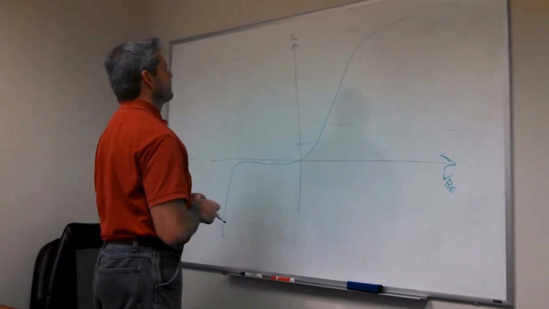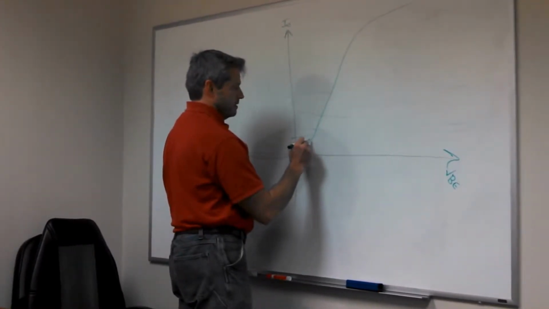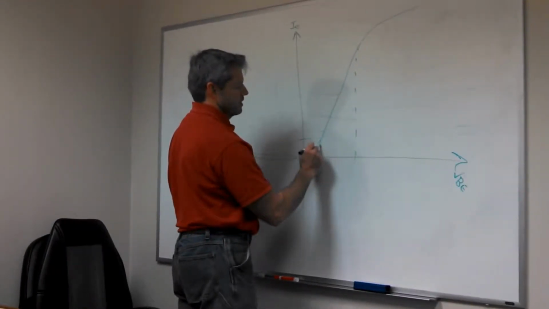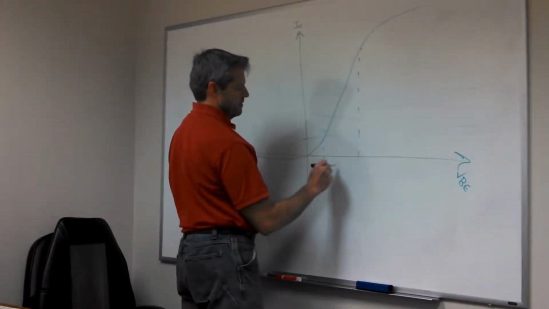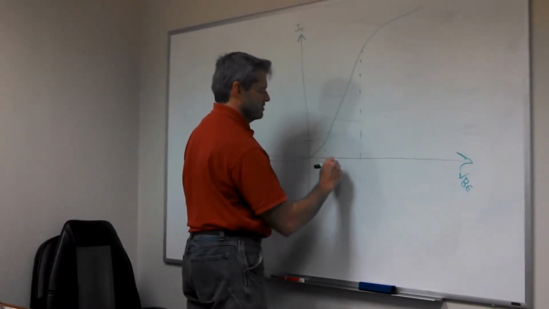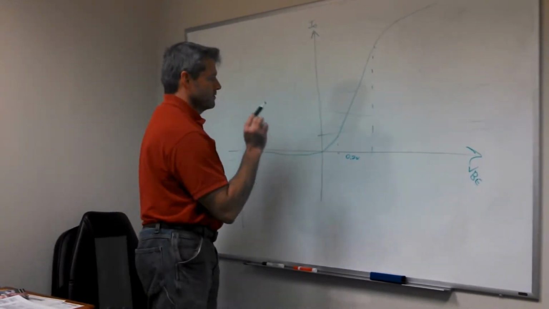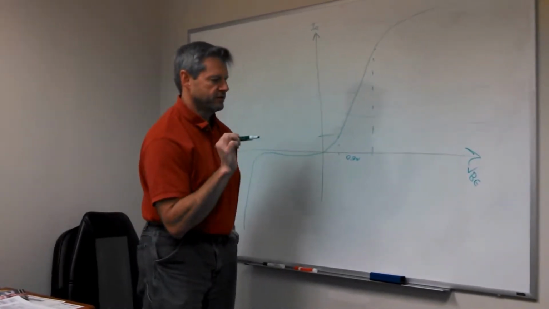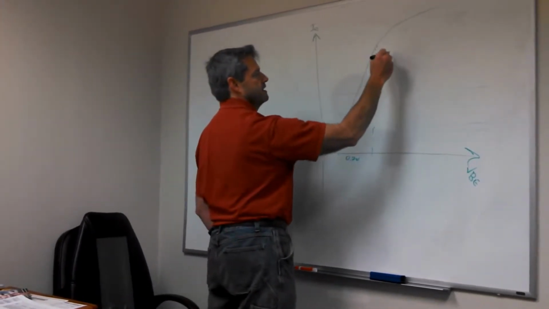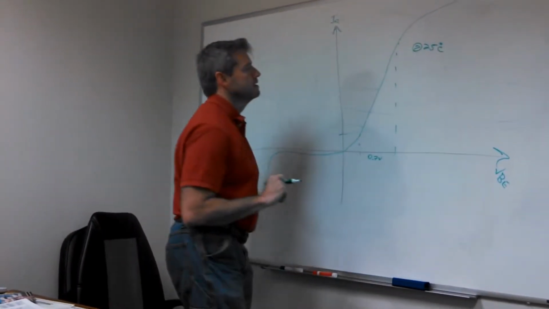The region we're actually working in is somewhere in here, about 0.7 volts for silicon. So the very easy answer to your question is, this curve is at 25 C.